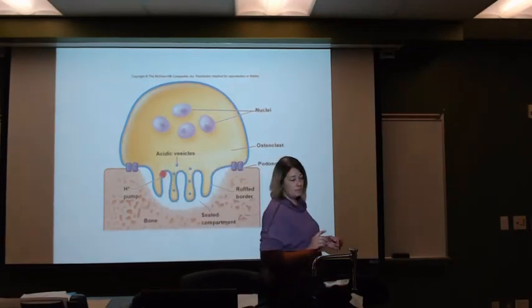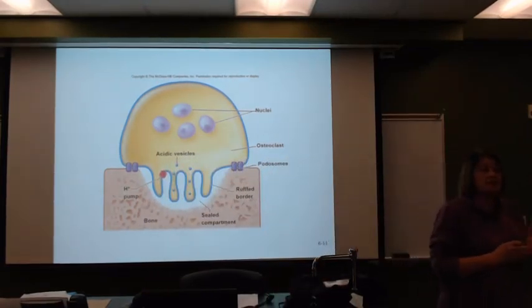So if we think back to the types of cells, when we're looking at bone, okay, we have those osteochondral progenitor cells.